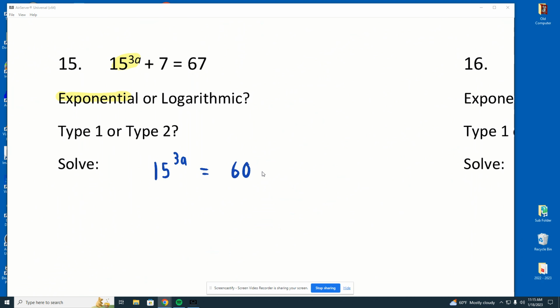Can I make 15 and 60 have the same base? What could you have made it? No, because you just can't divide by 60 or 15.